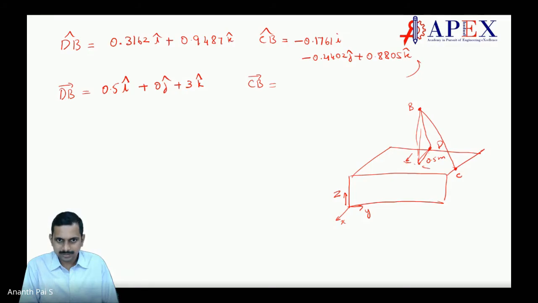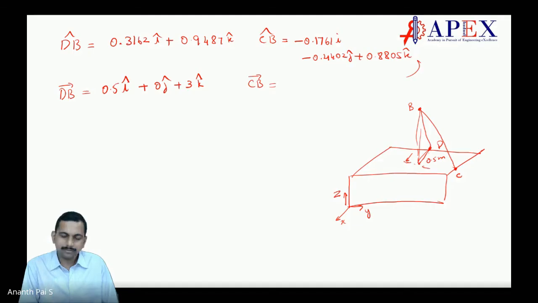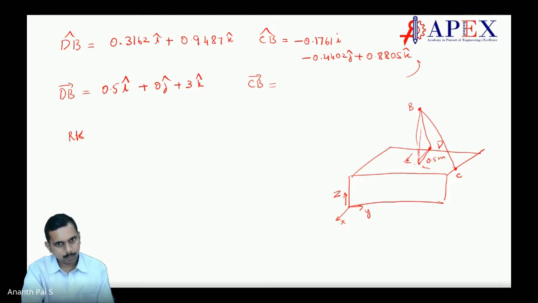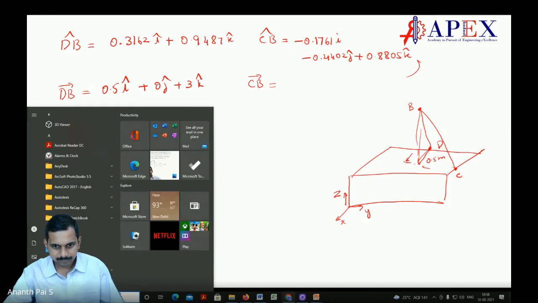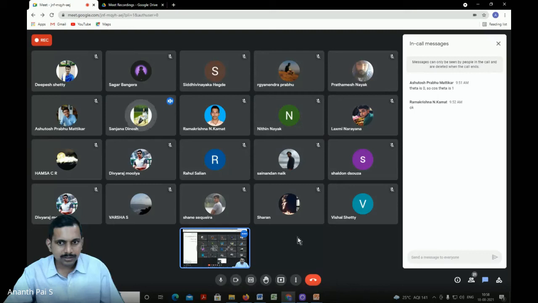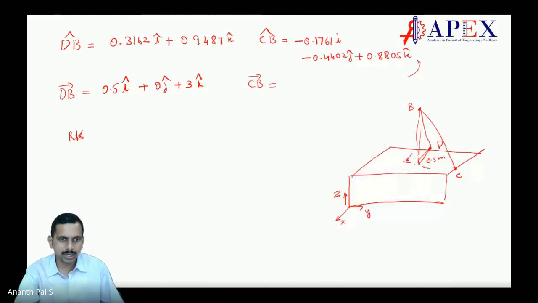I got the same answer, sir. Both DB and CB I got the same answer. Very good. Others? So Ramakrishna got it. Who got it? Both you got? Varsha, right? Or Sanjana? Who is talking? Sanjana got it. Okay. Others.